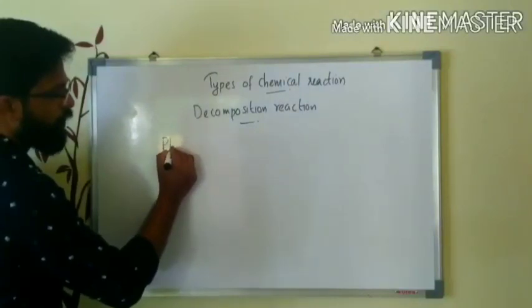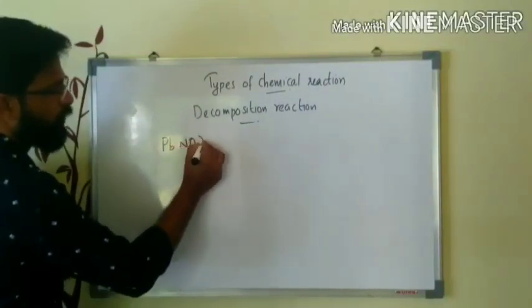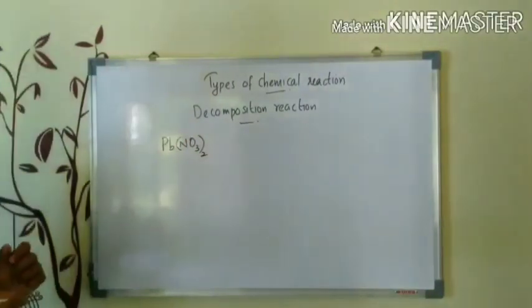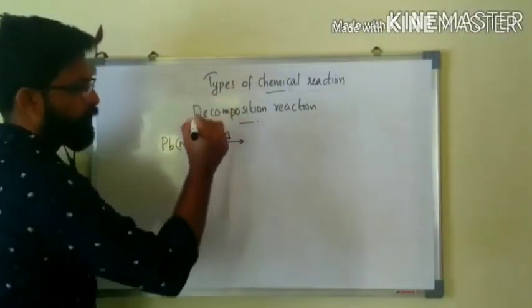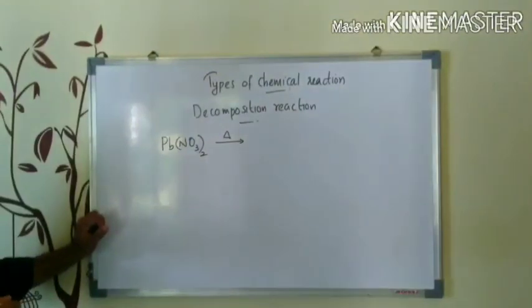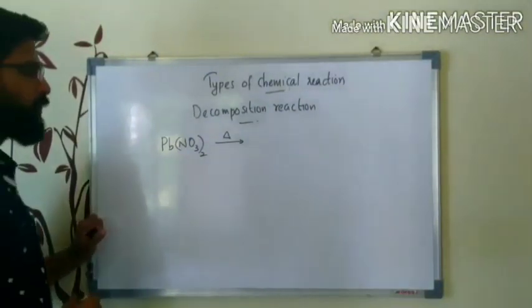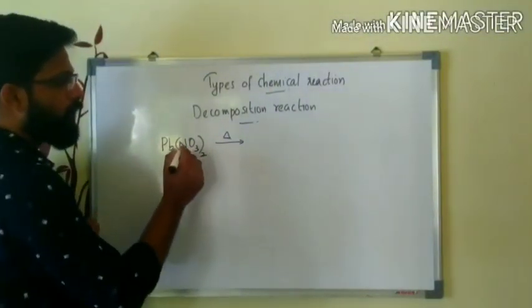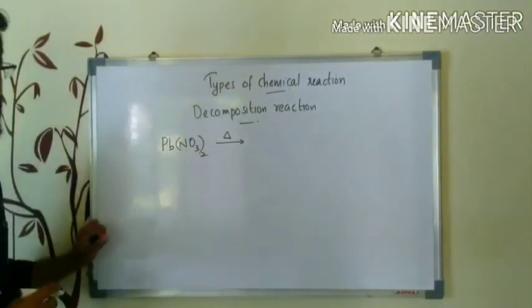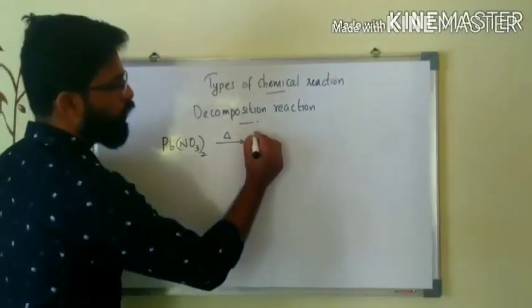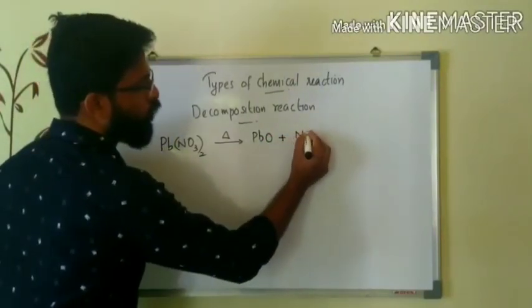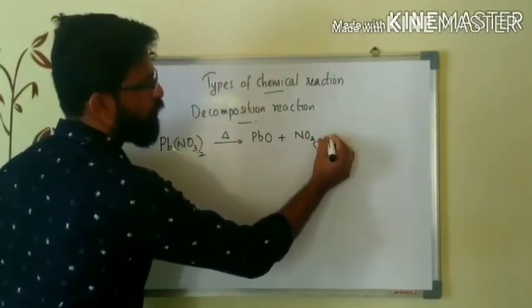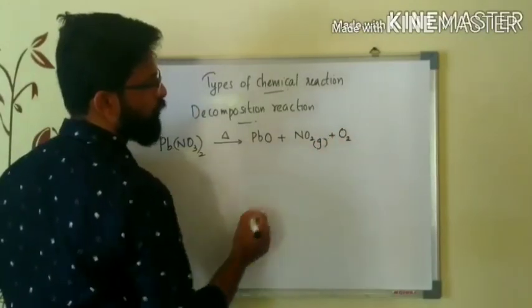Let's discuss one more example: lead nitrate, Pb(NO3)2. On heating lead nitrate, decomposition takes place: it changes into lead oxide plus NO2 gas plus oxygen gas.